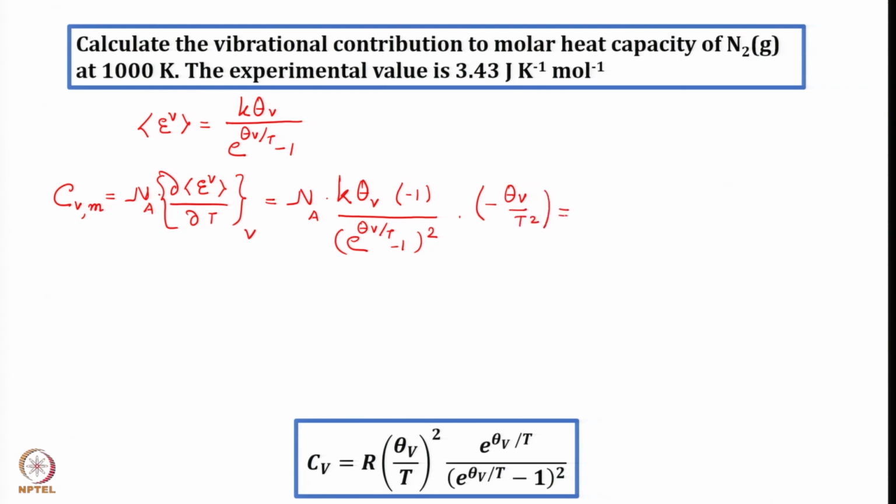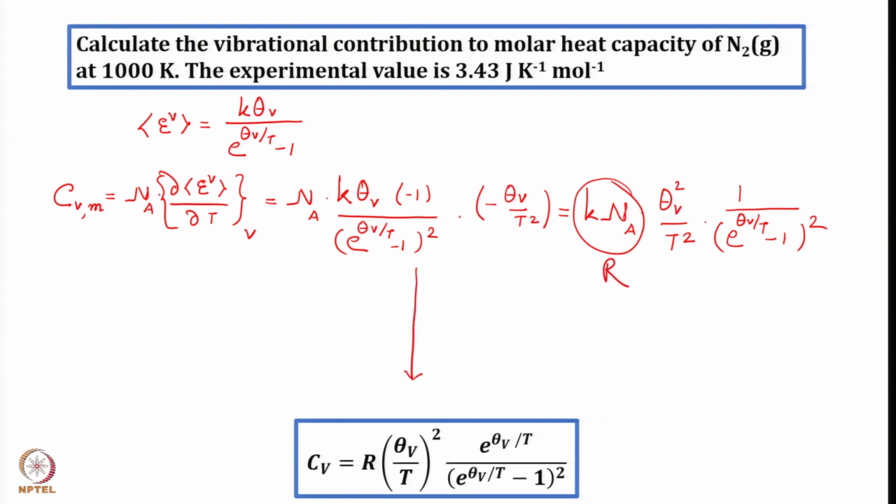What I have now is k times Na into, there are two theta v's, theta v square by T square, minus minus cancel, into 1 over exponential theta v by T minus 1 square. k times Na is R. Now you see I have derived this equation.